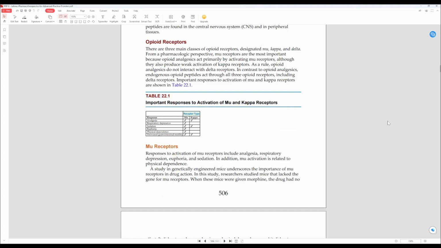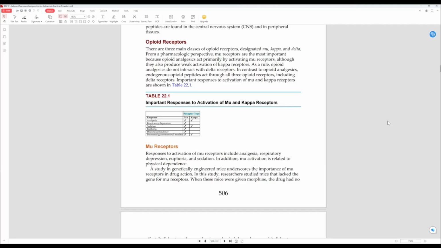So, opioid receptors. There are three main classes of opioid receptors, designated mu, kappa, and delta. From the pharmacologic perspective, mu receptors are the most important because opioid analgesics act primarily by activating mu receptors, although they also produce weak activation of kappa receptors. As a rule, opioid analgesics do not interact with delta receptors.